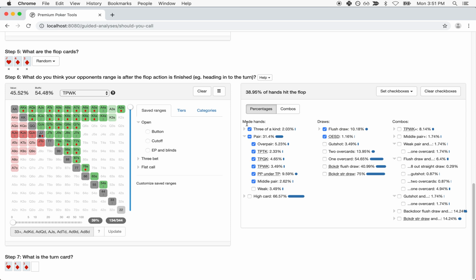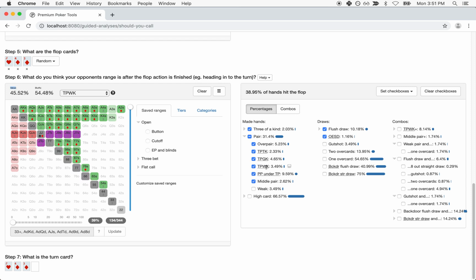The question really is, what do we think they're betting half pot with? I'm going to say that we're against an aggressive opponent who's going to bet pretty wide, especially on this board. I'm going to say that they play their pocket pairs under top pair for showdown value. So when they have pocket 9s or pocket 8s, they're going to check it back and try to get to showdown.